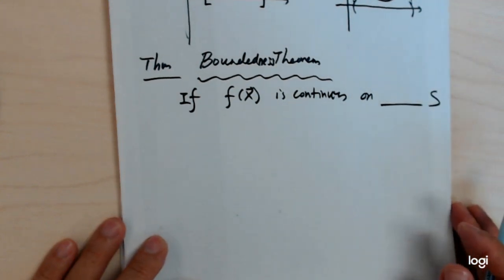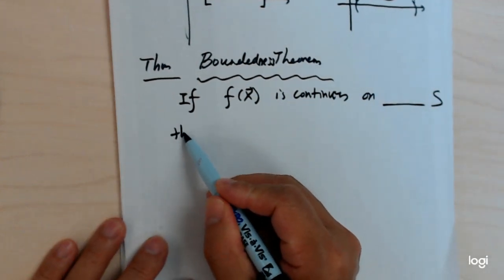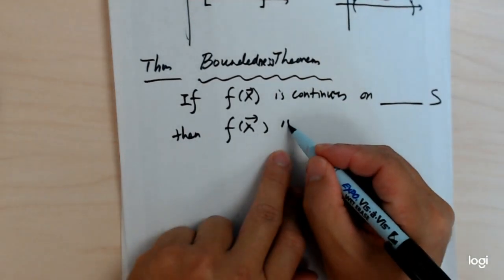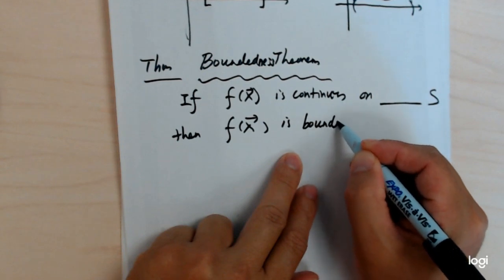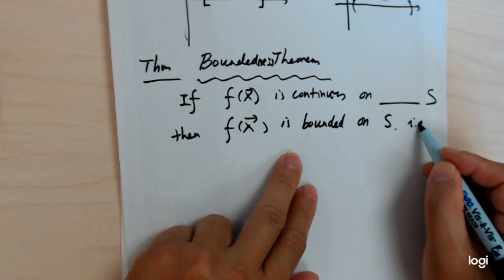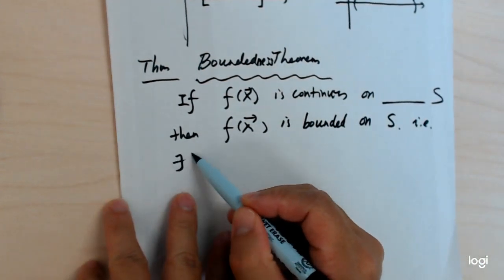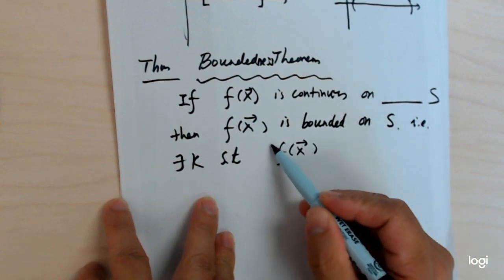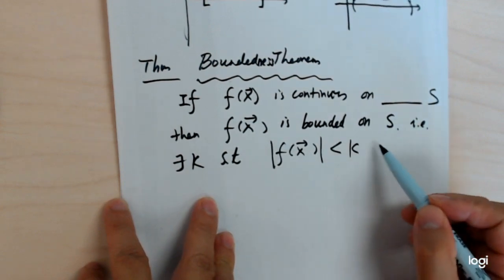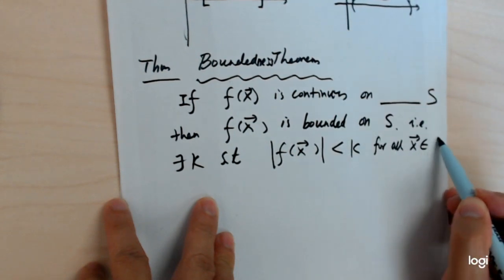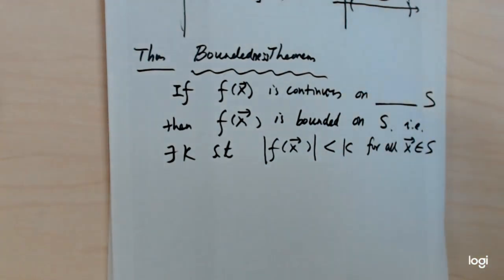S. Then f is bounded on S. Or equivalently, there's a constant k such that the function's value is bounded by k for all x in S. So the function stays bounded.